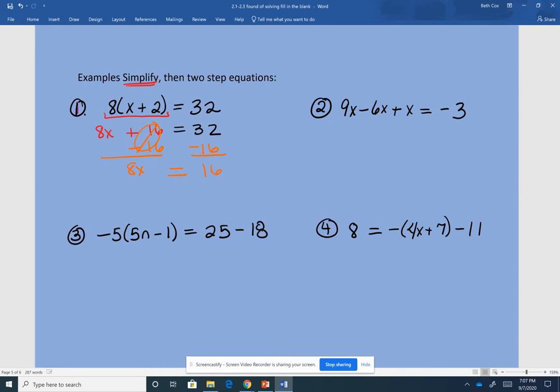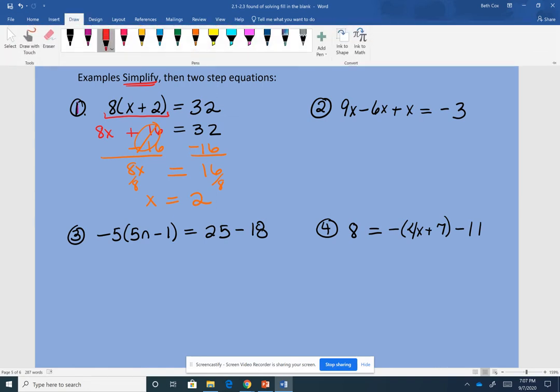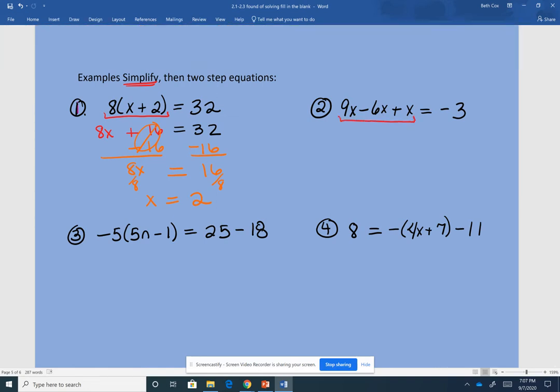And I'm going to divide both sides by 8. Now when I say sides, I'm talking about the left side of the equal sign and the right side of the equal sign.